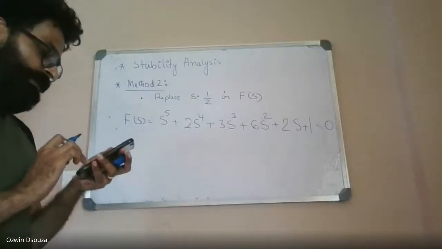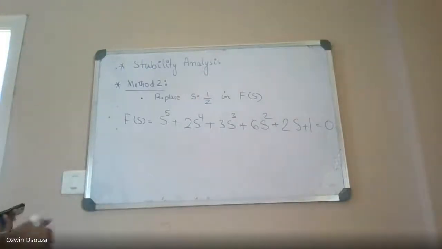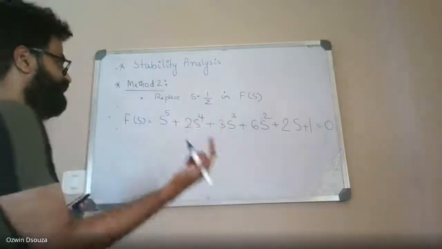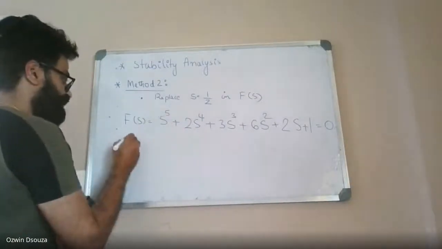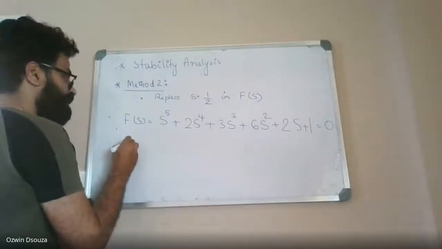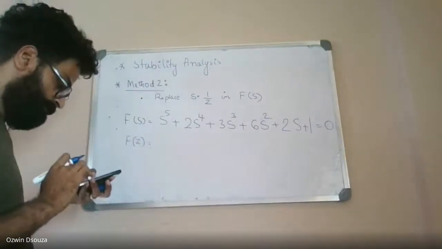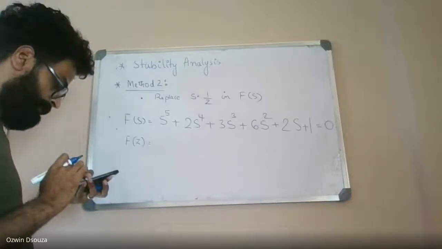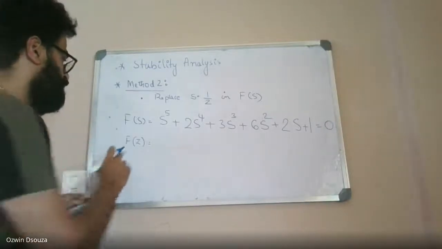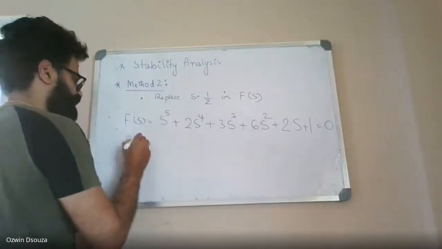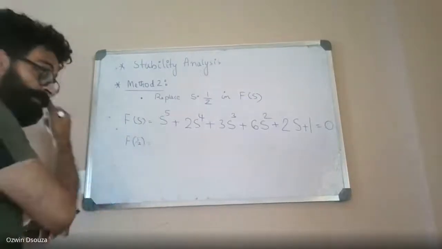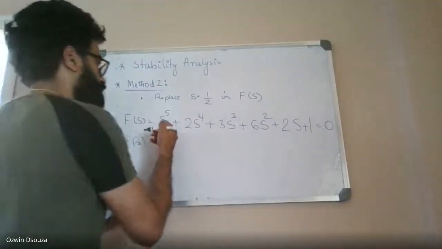And what are we supposed to do in method 2? Replace S with 1 by Z. So let's do that.